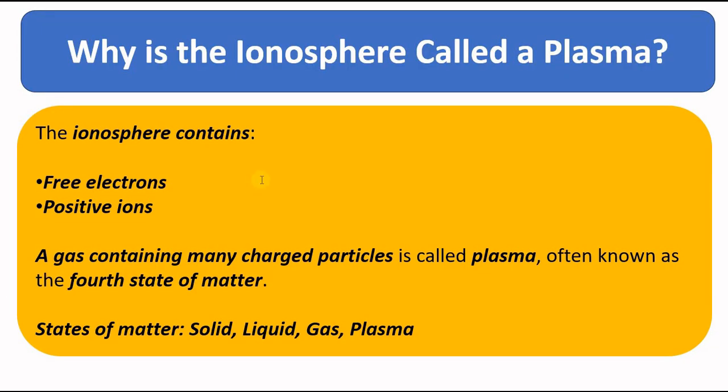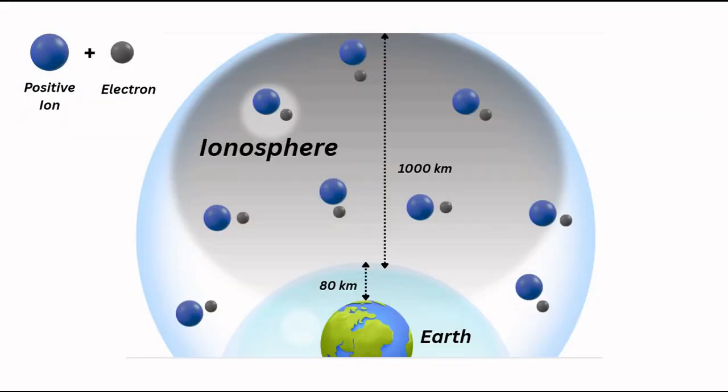Now, there is a special name associated with the ionosphere, which is called plasma. Because of this photoionization, there are a lot of charged particles, that is positive gaseous ions and free electrons.